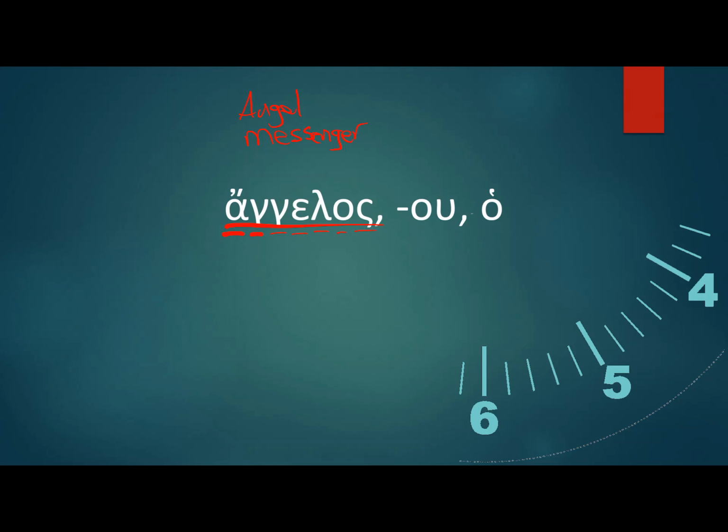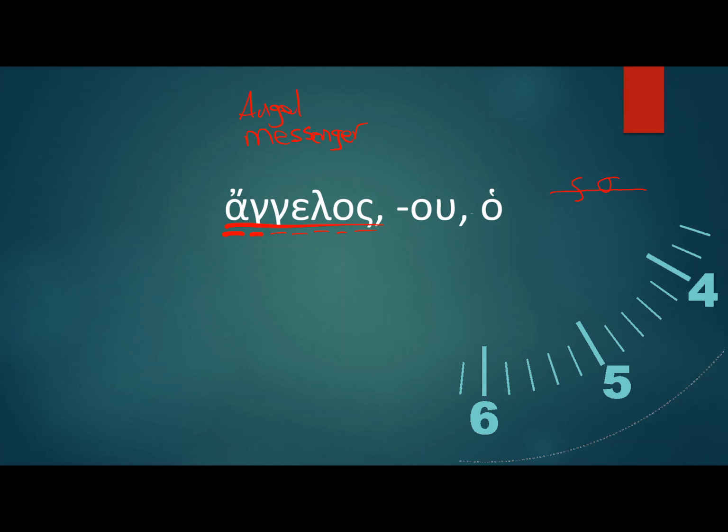Notice that is the final sigma. Remember that there are 2 sigmas. If you have the line you're writing on here, the final sigma goes below the line, while the regular sigma does not go below the line, and they're shaped a little differently. So notice that difference there. This is the final sigma that comes when a sigma ends a word. You will have that final sigma like that.